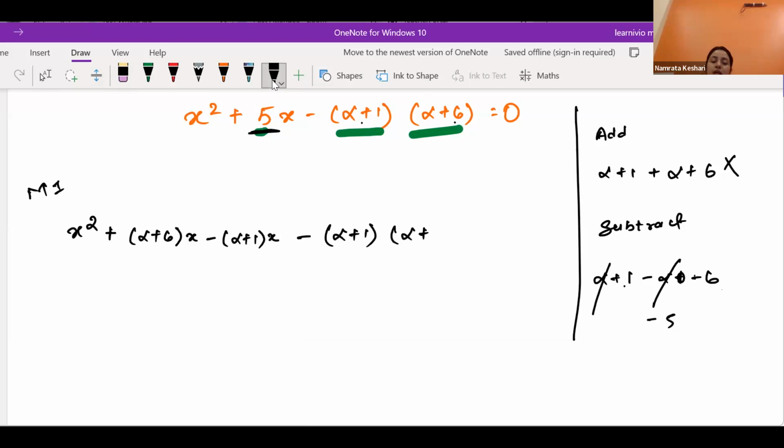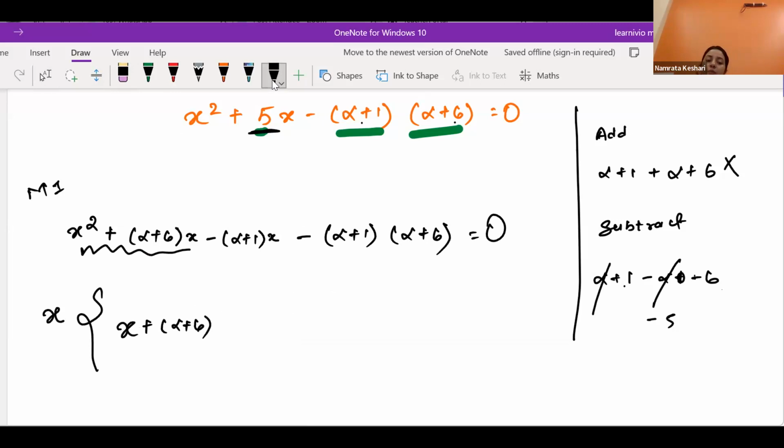Any confusion so far to anyone? What we are doing over here, is it crystal clear? Now we will take common factor from the first two. You can see clearly only x is common. We will be left with x plus the bracket term alpha plus 6. Okay, now we'll be taking common from the next two terms. Still we can see that alpha plus 1 is the only common factor.